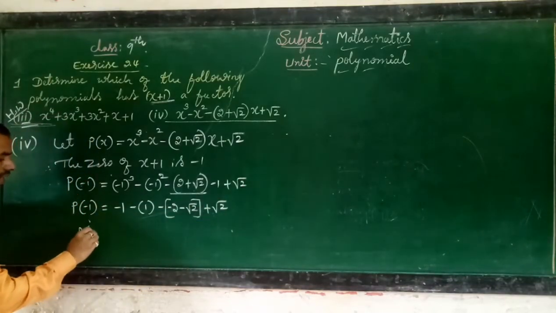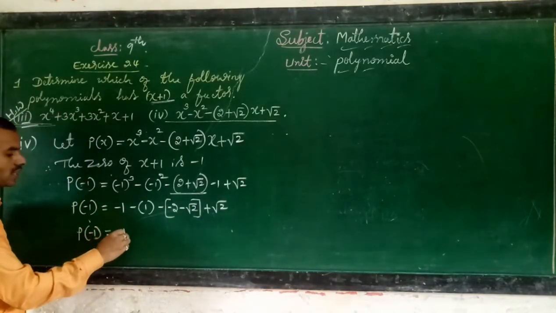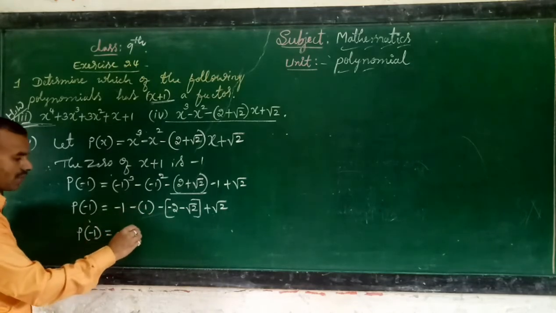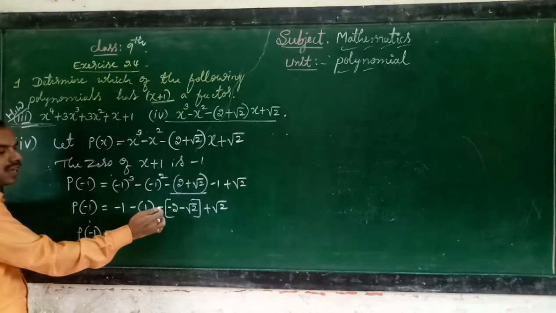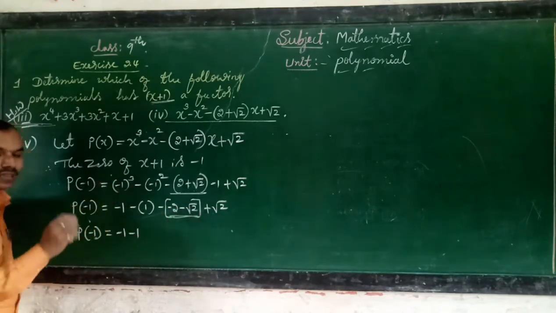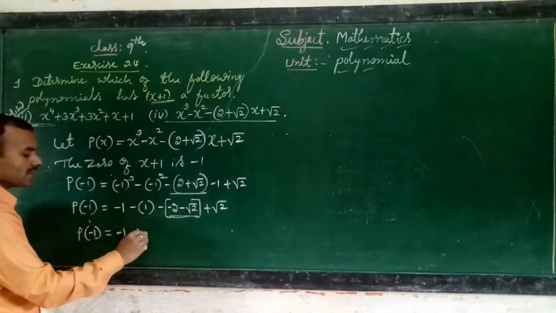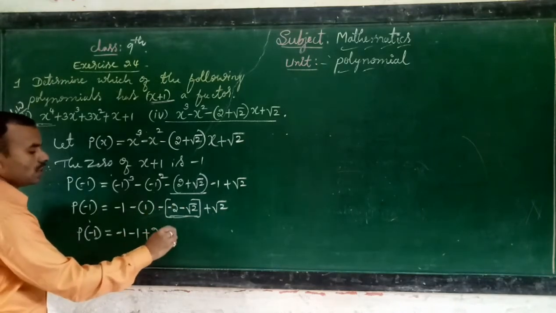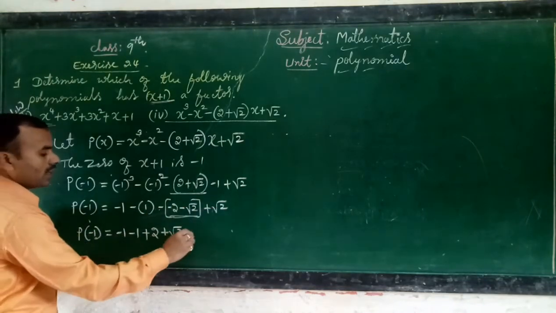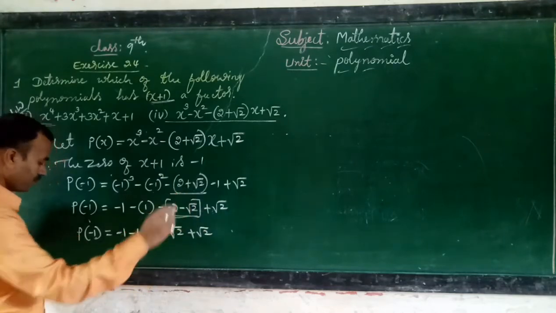P of minus 1 equals minus 1, minus into plus minus 1. Here take out the bracket by multiplying minus with this binomial: minus into minus is plus 2, minus into minus is plus root 2. Write 2 root 2 as it is.